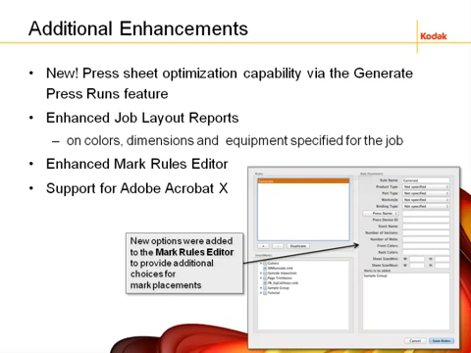There is a new Marks Rule Editor. I call it MRE. We've got some new features there that not only are aligned for the Prinergy 6 capabilities, but you can expand that to use within your third-party workflows. And support for Acrobat X.